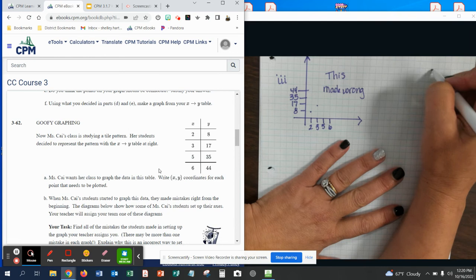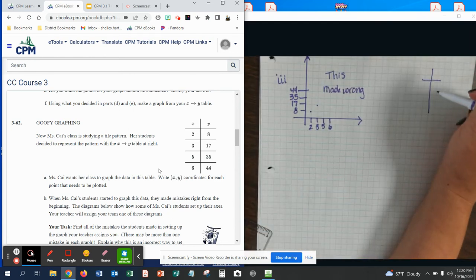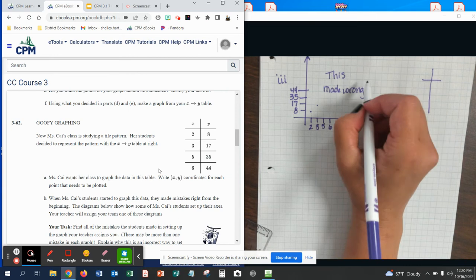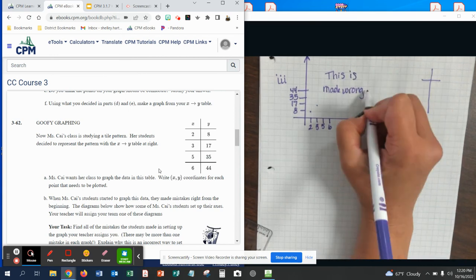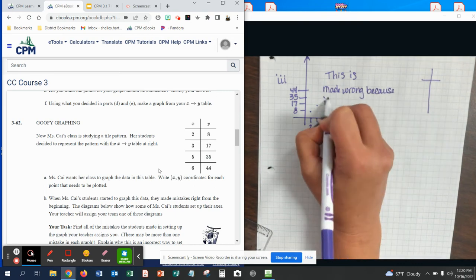But there's going to be a 1 in here, and there's going to be a 0, right? They're just looking at that particular pattern. So this is wrong because it doesn't have all the numbers.